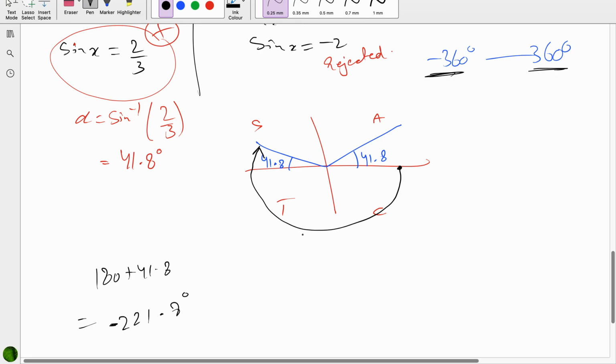Why so? We are going in anti-clockwise direction. For my second angle, because I can go till negative 360, this is my second angle, which is actually 41.8 less than 360. So 360 minus 41.8, what is that?